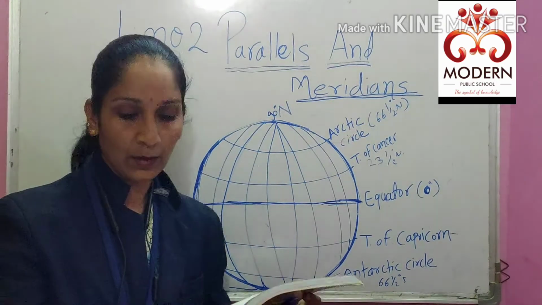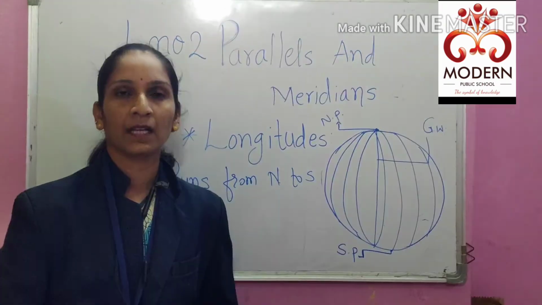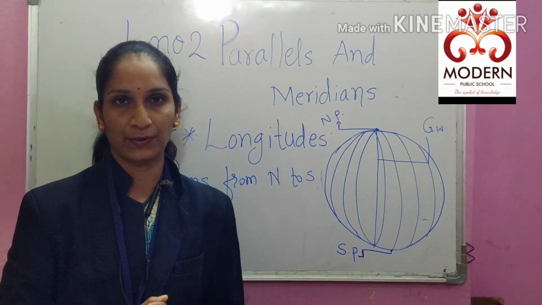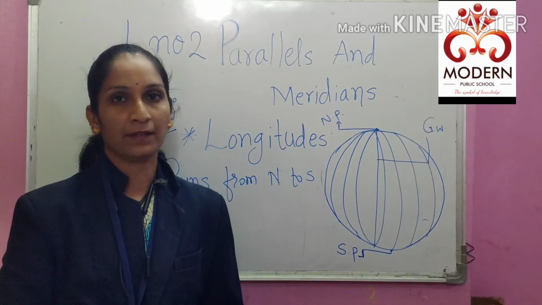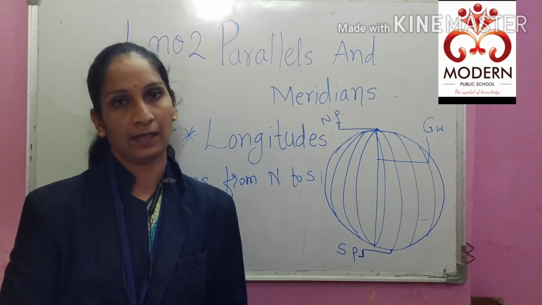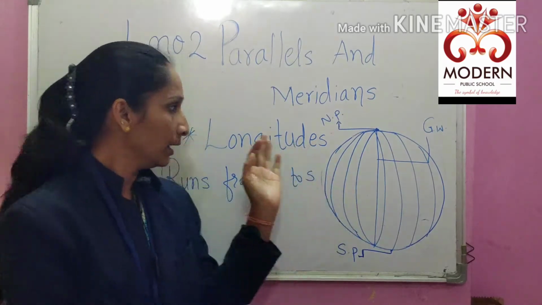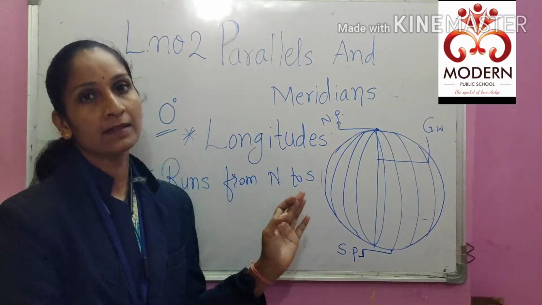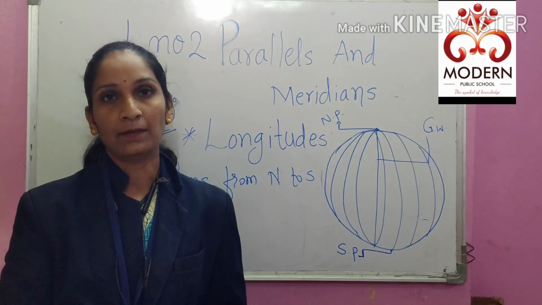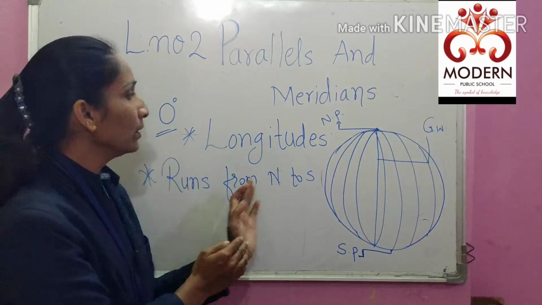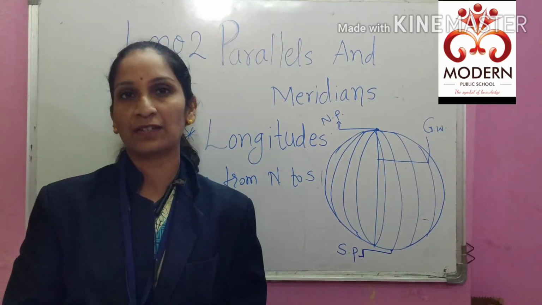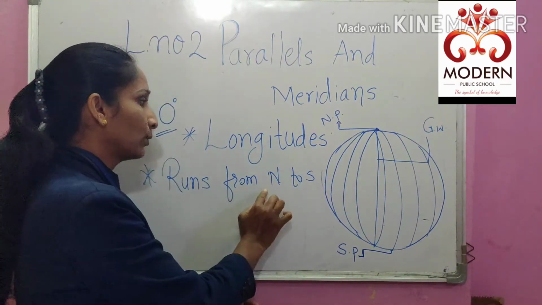Then we see longitudes. Previously we discussed latitudes and the numbering of latitudes. Now you can see longitudes. Longitudes are another set of imaginary lines which run from north to south.